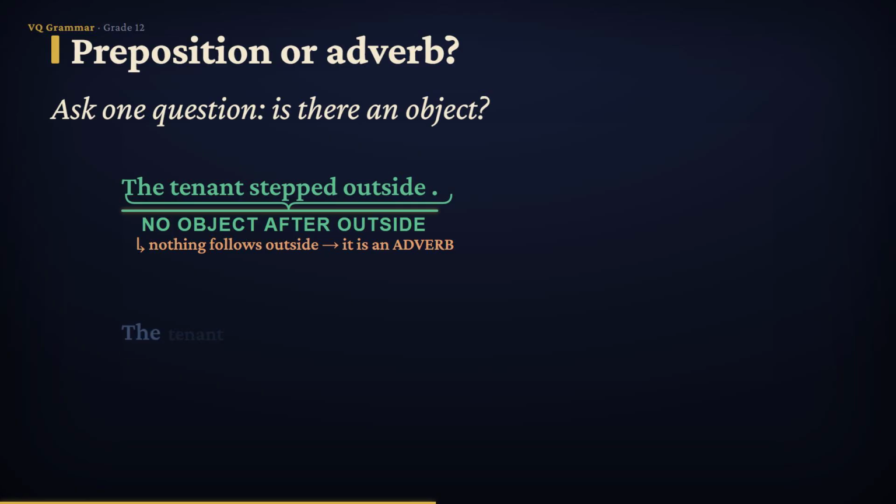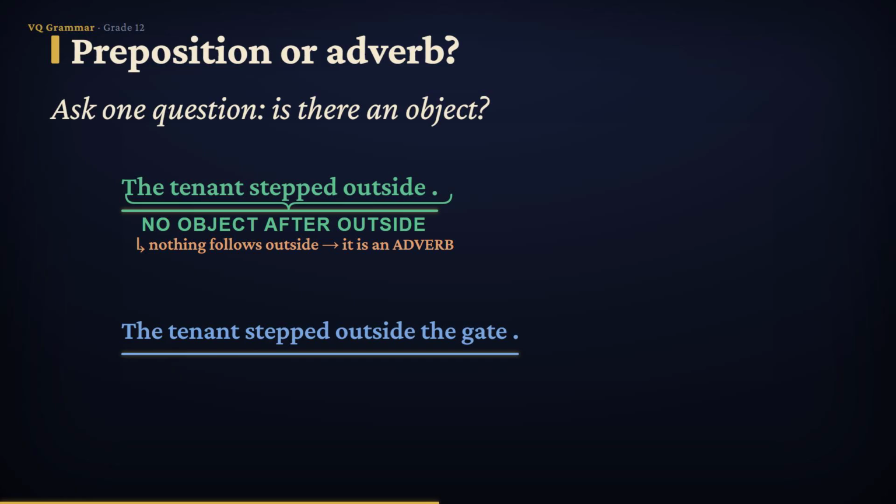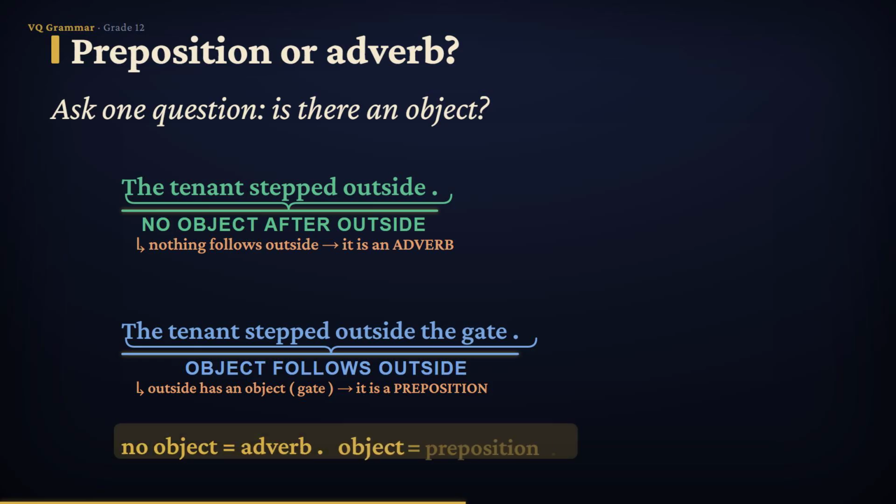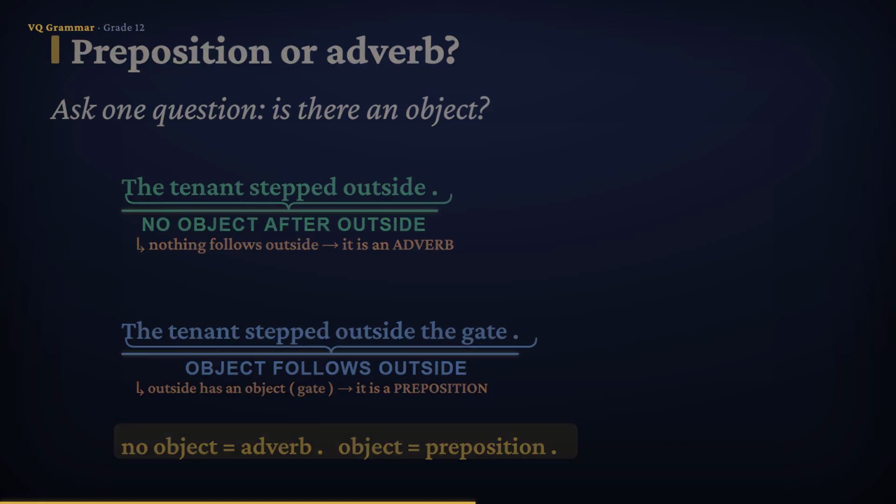But now watch. The tenant stepped outside the gate. This time, outside is followed by a noun, the gate, and that noun is its object. Because it has an object, outside is a preposition here. So the entire test is one question. Does the word have an object? No object, and it's an adverb. An object, and it's a preposition.